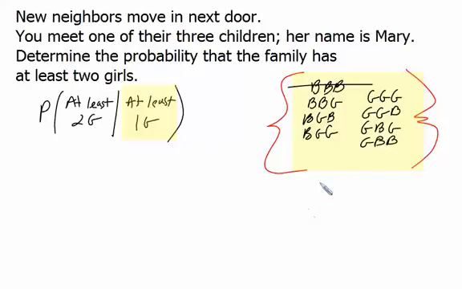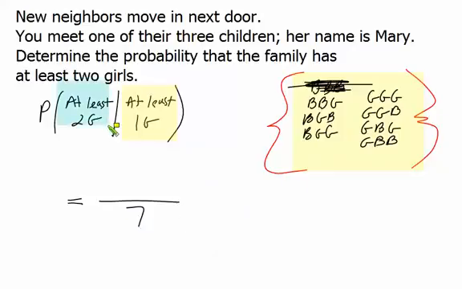Those are the outcomes. Ignore the one that doesn't fit the problem. We want at least 1 girl because we know that they have Mary as a child. So there are a total of 7 outcomes that make sense since we know there's at least 1 girl.